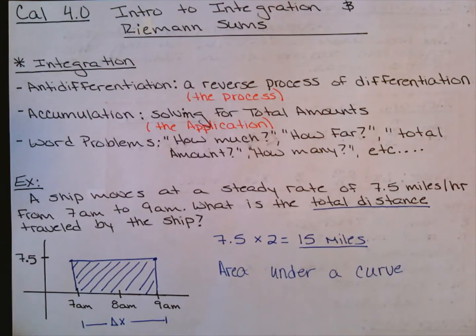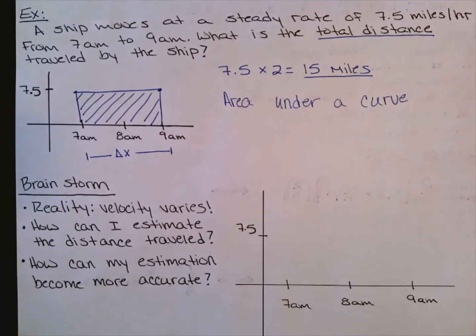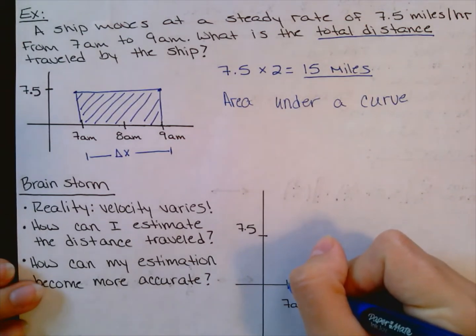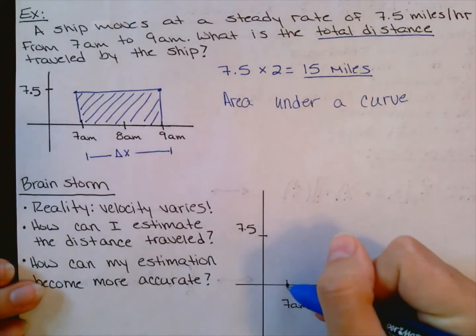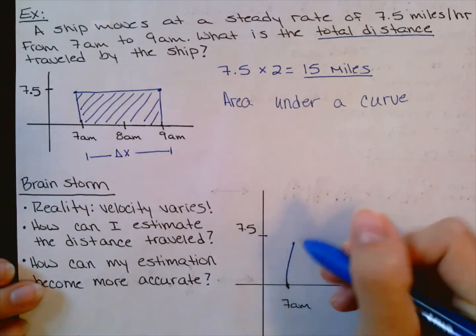Now, let's brainstorm for a minute. Let's reanalyze this question. Because in reality, when you're on a boat, if you're in the Florida Keys, you're not going 7.5 miles the entire time you're on this boat, right? Let's say at 7 a.m. you take off from your dock, you're not moving, so you're at 0 miles per hour. You start accelerating, and you end up at 7.5 miles an hour.